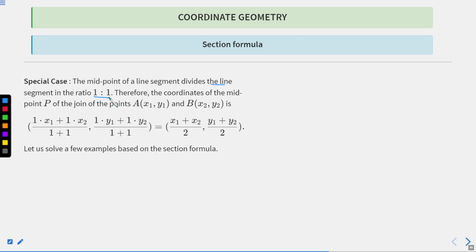ratio 1:1. Okay, so if we have a line segment, and here the midpoint of this line segment divides the line segment into the ratio 1:1.